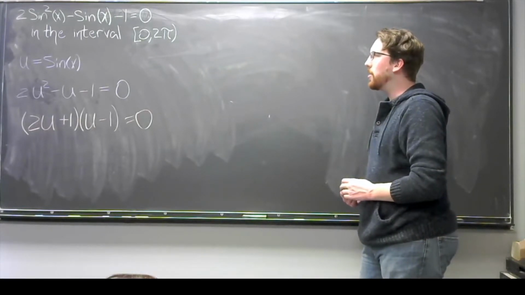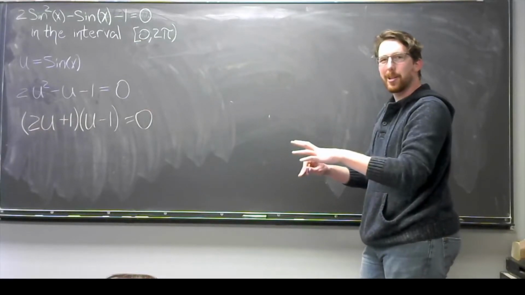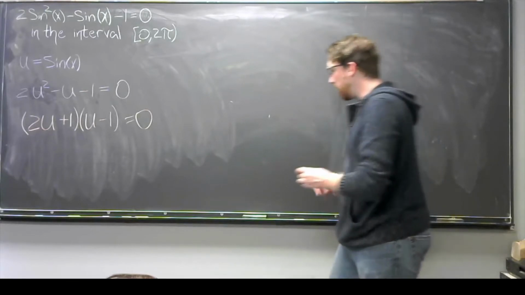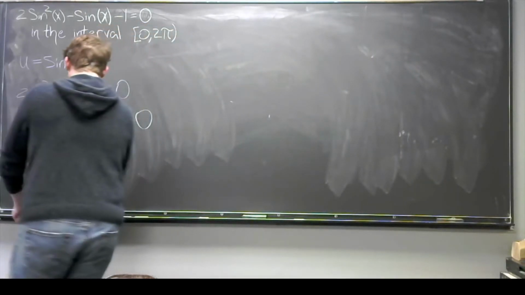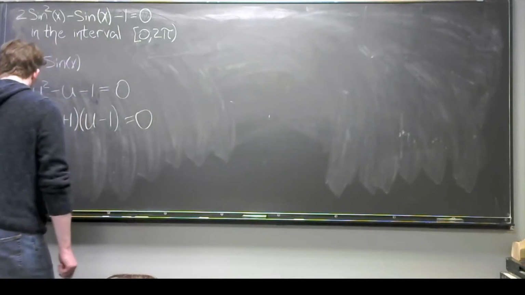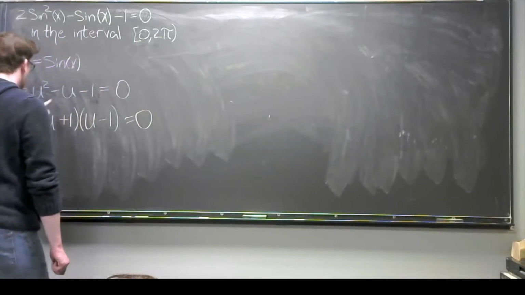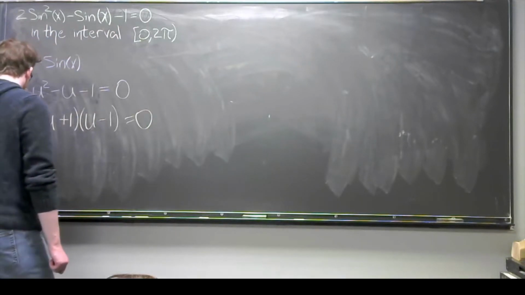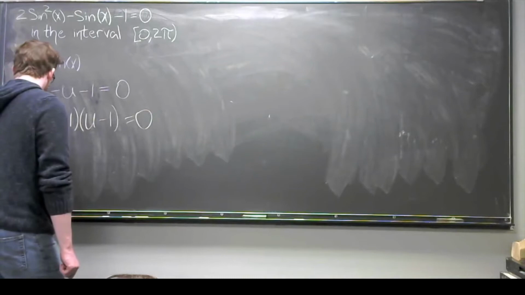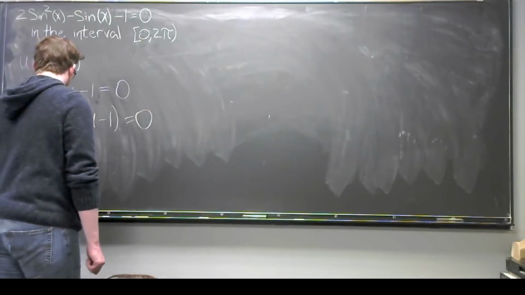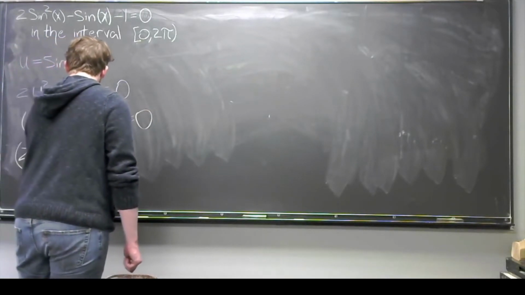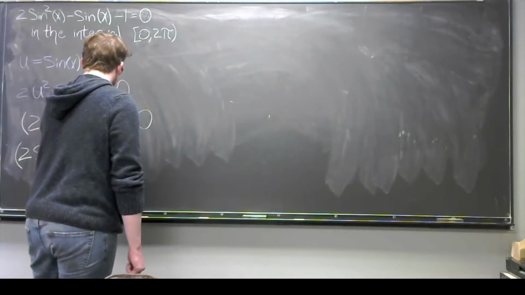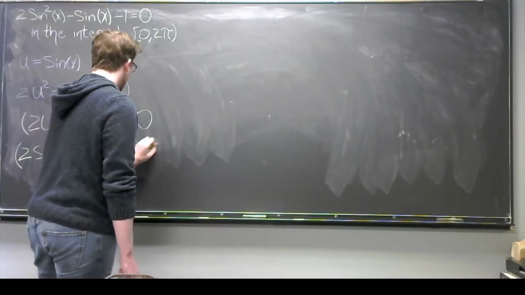Well, u is really just sine x. We're just using u to make this look nicer for us. So really what this is telling us is we've got a couple things going on here. First, it's telling us that this factors into 2 times sine x plus 1 times sine x minus 1, and all of that is equal to 0.